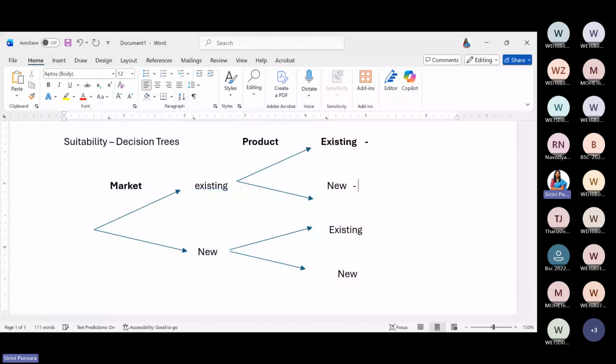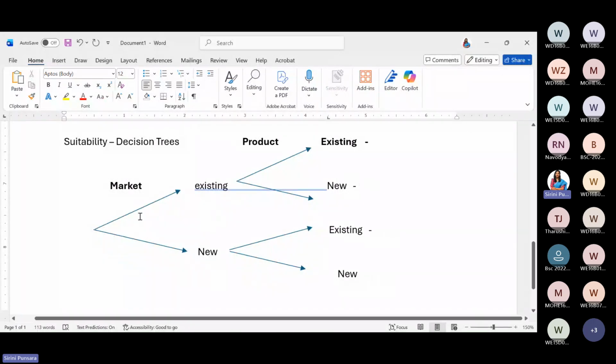Then they are going with a new market with an existing product. What is the strategy? If they are going with a new market with a new product, what is the strategy? So by looking at the Ansoff matrix, write down what the strategies are in relation to these four. I will give you a few minutes. You can refer to last week's lesson.